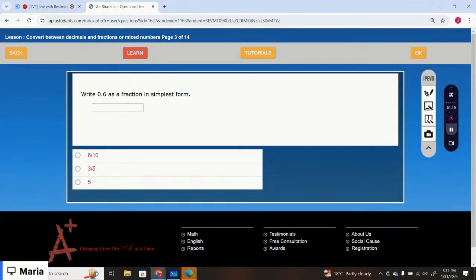Okay, the next one is write 0.6 in the simplest form, so which is the correct option.